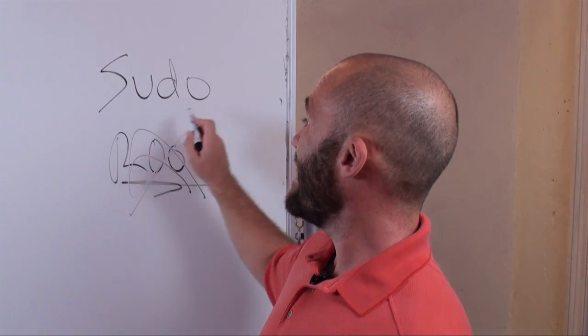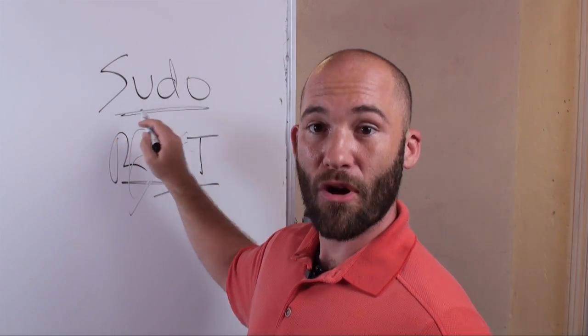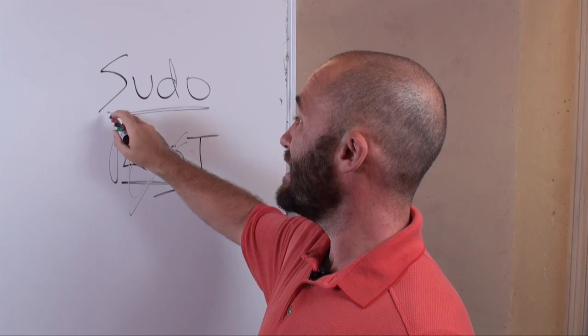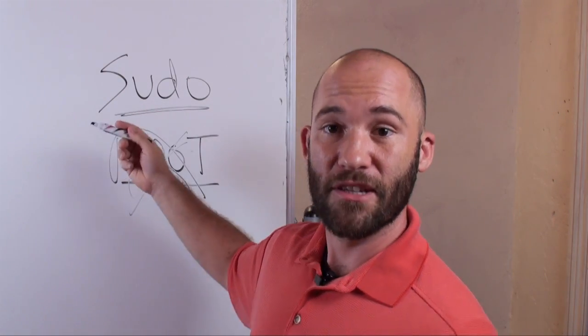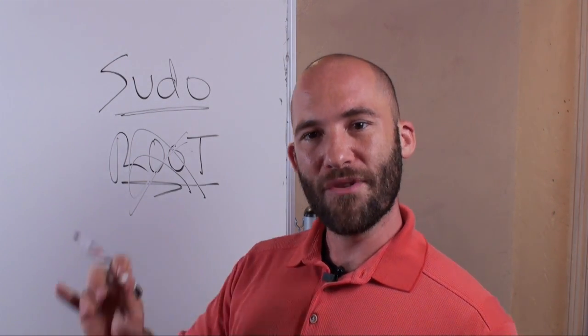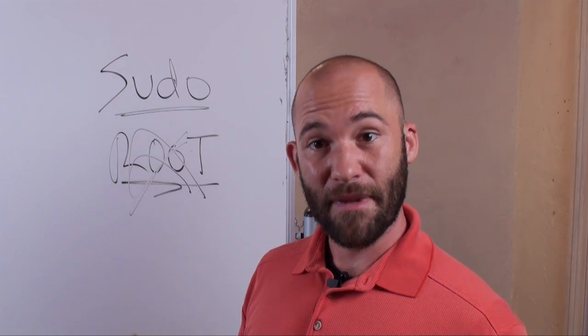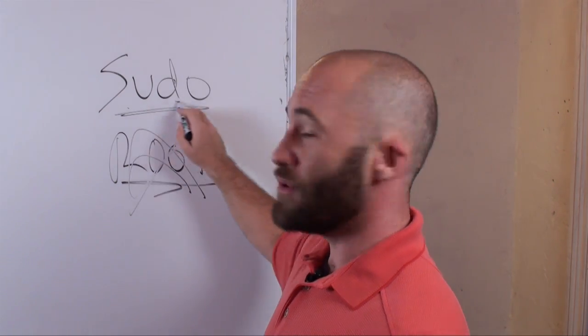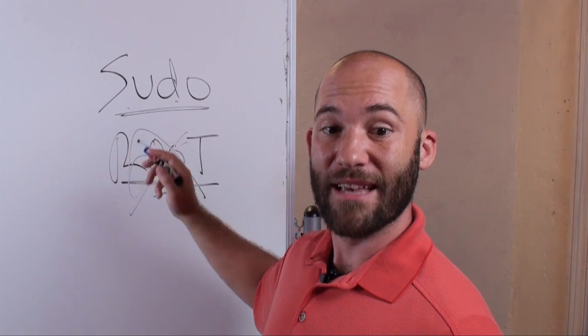Well, what they have is this program called sudo. What this means is super user, which essentially means root, do. In Windows Vista and Windows 7, you can right click and do run as administrator. Basically, the sudo command is run as administrator.